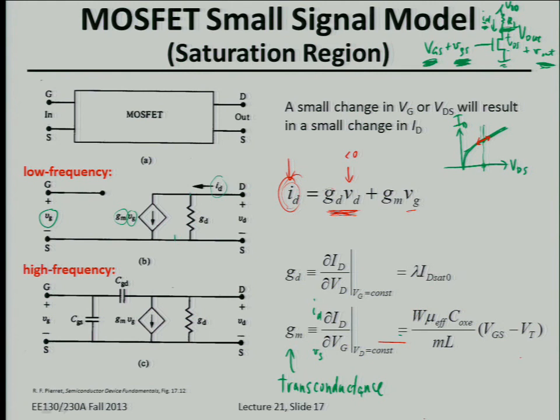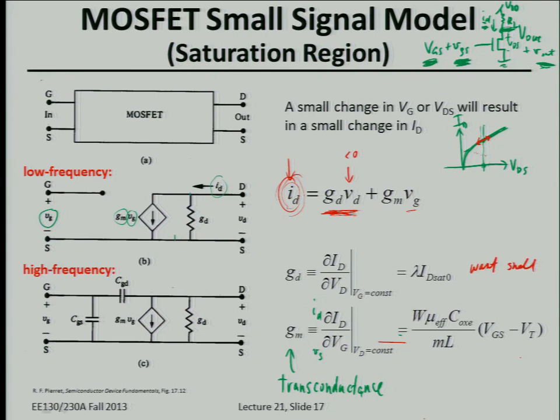That means you're actually lowering the change in the drain current. Does that make sense? So for a given change in the gate voltage, you're not going to get as much change in the drain current if you have a significant GD, a significant slope. So ideally, GD should be very, very small. We want this to be small.